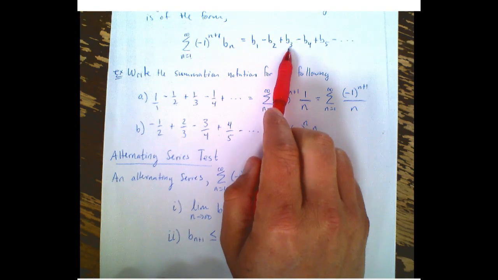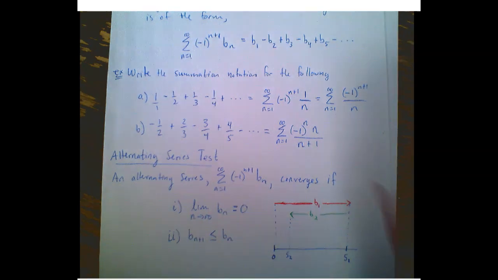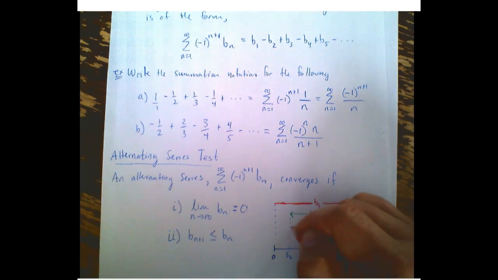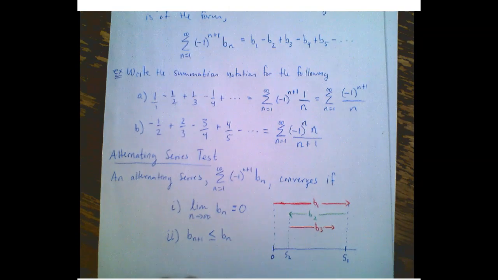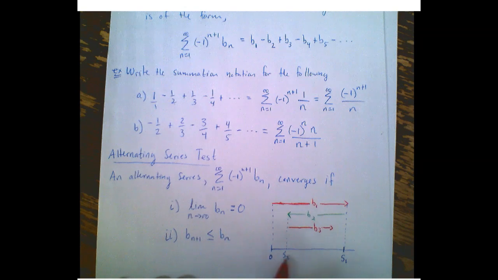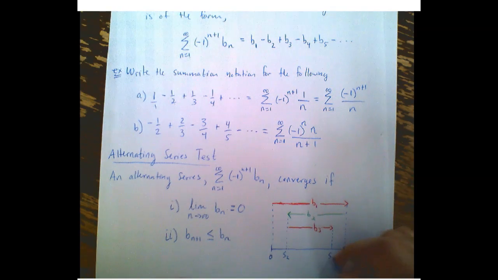Now b3 is, let's say, a positive number, but b3 is smaller than or equal to b2. So that's going to put us maybe right here. All right. So from the second partial sum, we're going to add some positive term. It's going to increase us to the third partial sum, to here.